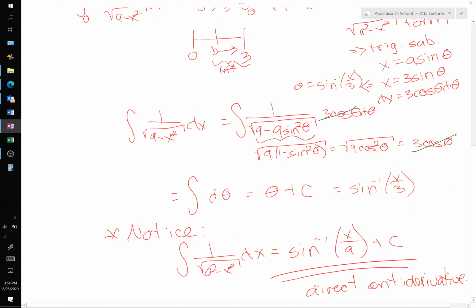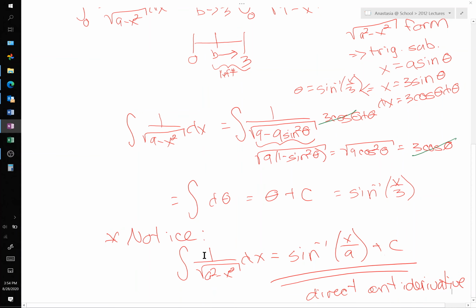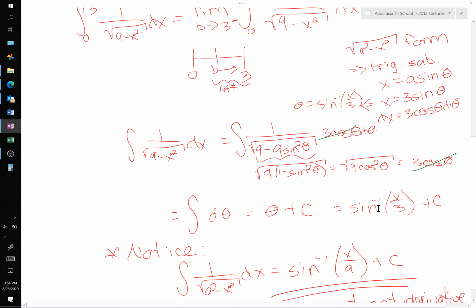If you do remember it, then you can go straight from 1 over the square root of 9 minus x squared to the inverse sine of x over 3. That's perfectly fine. You don't have to show any of this work with the trig substitution. But if you don't remember the direct antiderivative, you can use a trig substitution to get to the same answer. It's just a little bit longer.